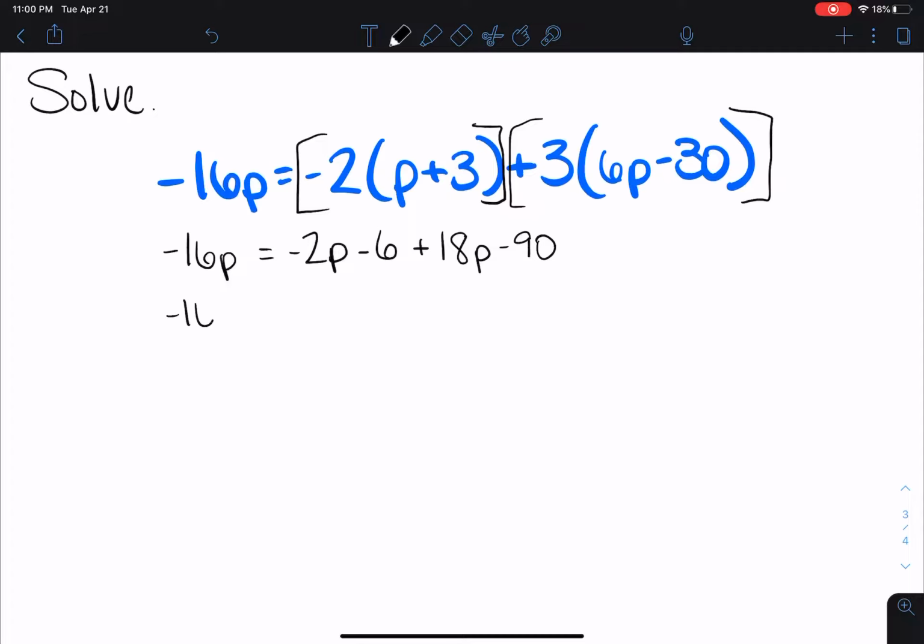So negative 16p is equal to, let's combine like terms and simplify on the right side first. So negative 2p plus 18p is going to be positive 16p.